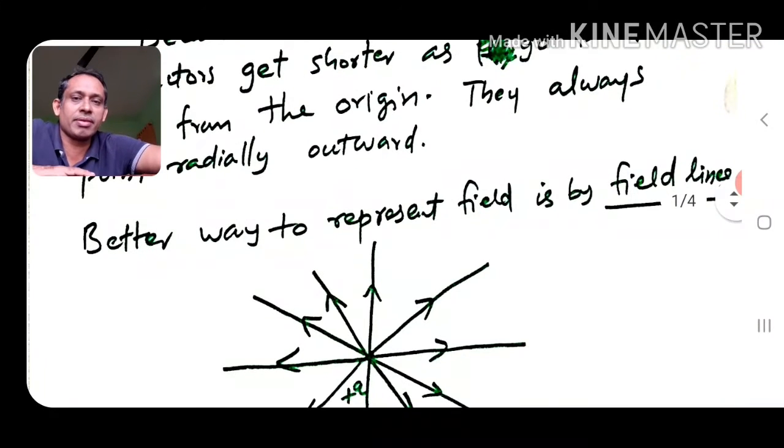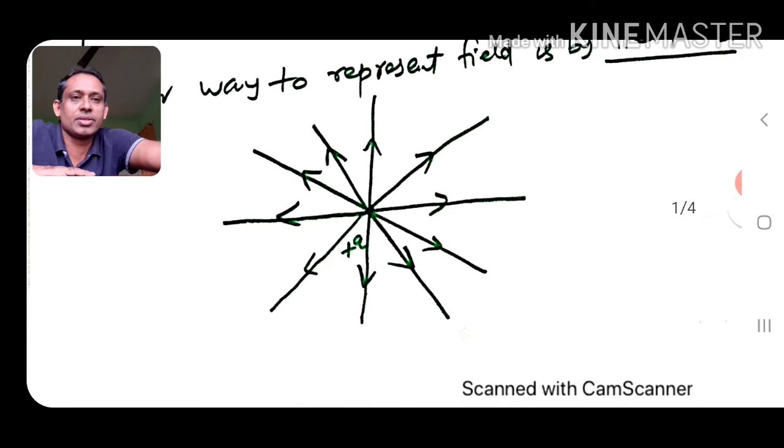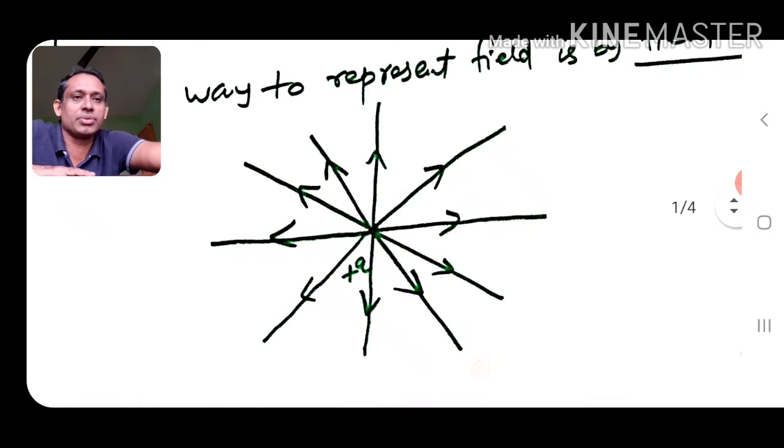A better way to represent the field is by using field lines. So this is how we represent the electric field around a plus q charge using electric field lines.